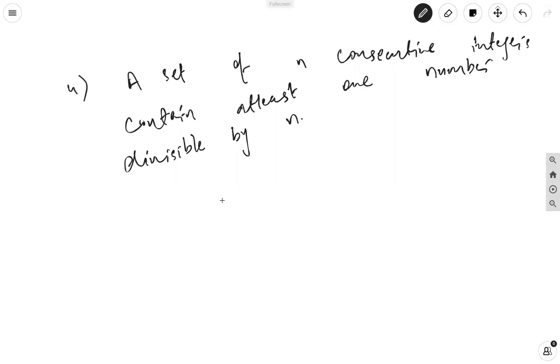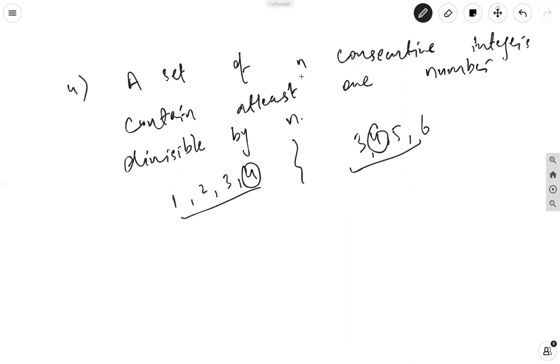For example, we have again 4 consecutive integers. That could be 1, 2, 3, 4, or that could be 3, 4, 5, 6. Whatever those are, there must be at least one number that is divisible by the count of consecutive integers. Here this is 4 consecutive, and also 4 consecutive, but there is one number divisible by 4, which is 4 here, and 4 here. This is just an intuition-based property.